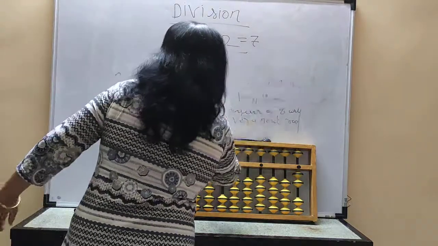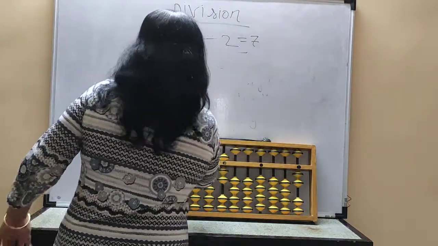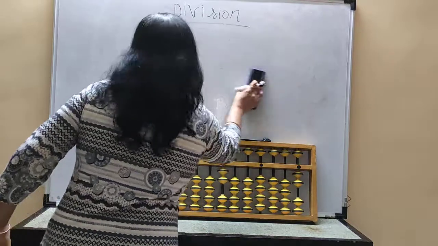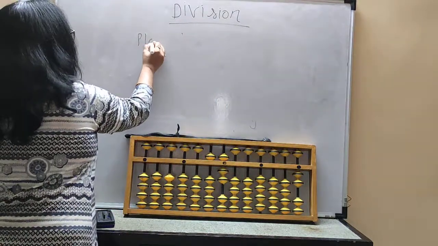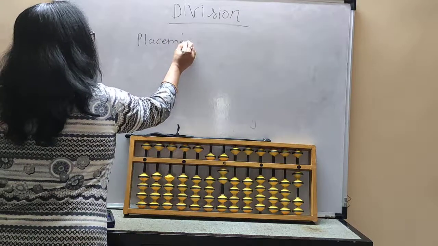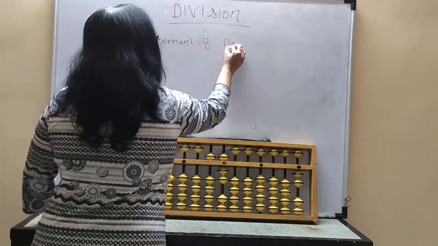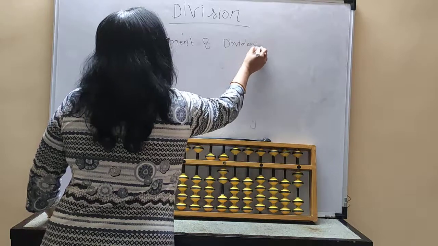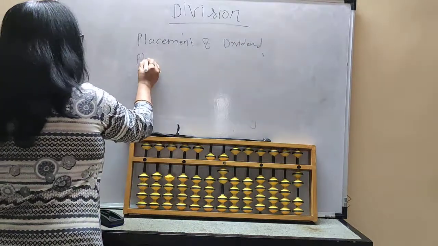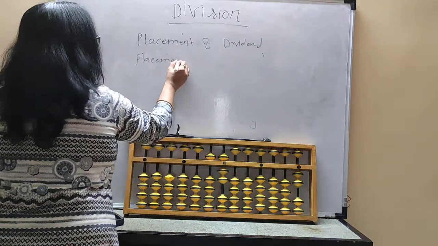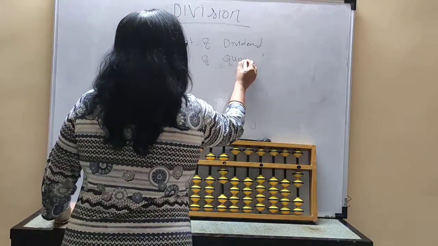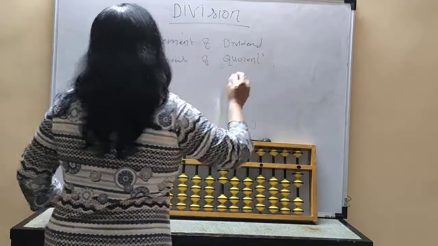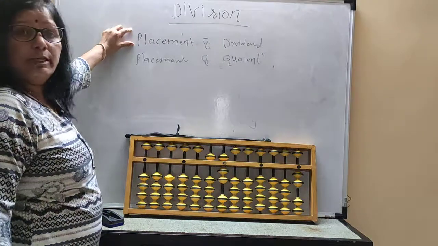In division, we have to keep in mind these rules. First, placement of dividend and placement of quotient. There are rules in both.